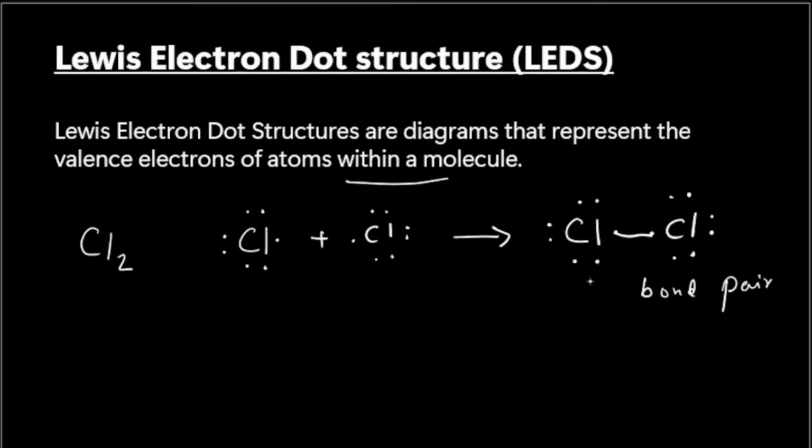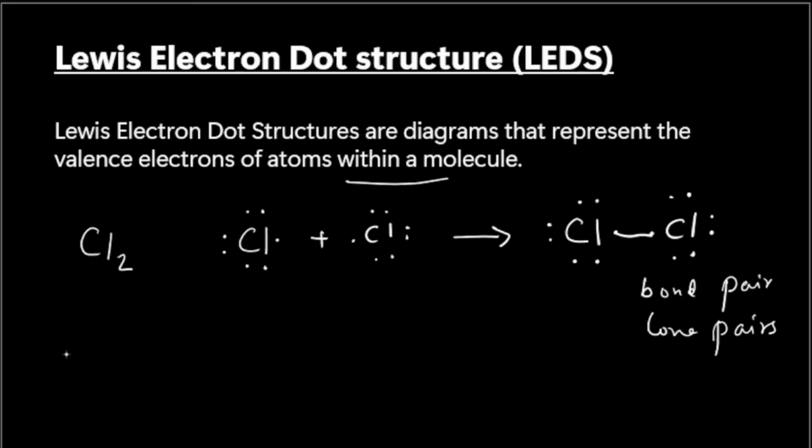And we can see here electrons which do not take part in chemical bonding, and these electron pairs are called lone pairs. So in a chlorine molecule, there are 3 lone pairs around each chlorine atom.